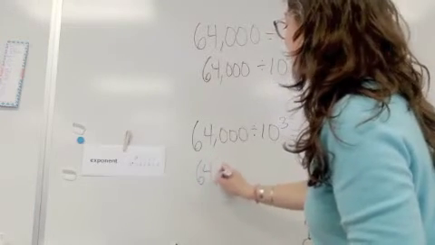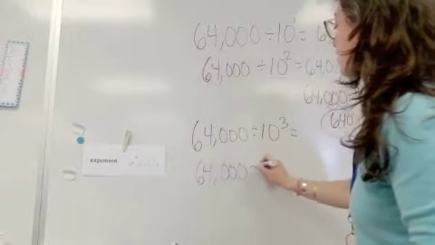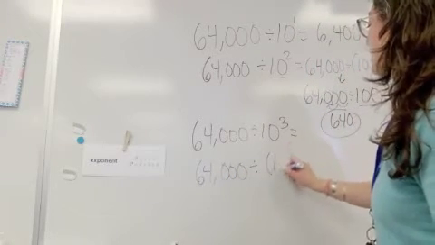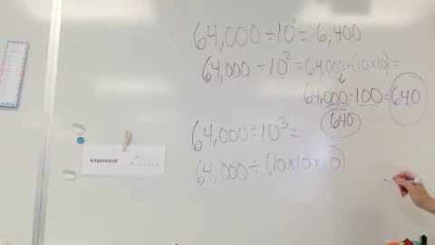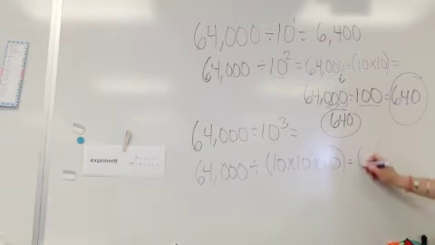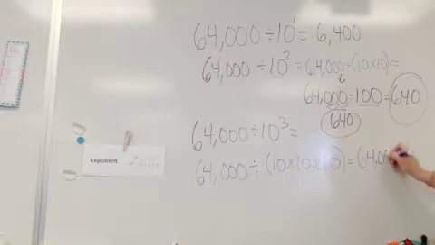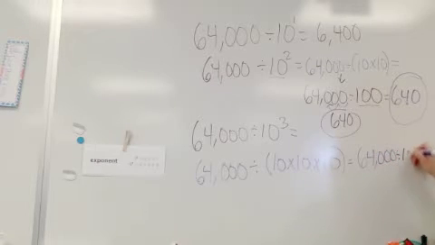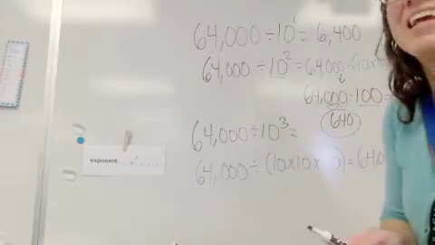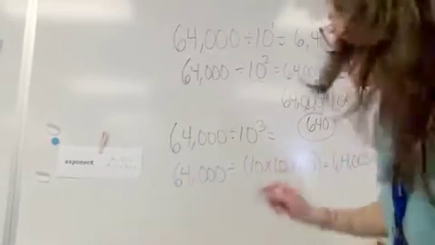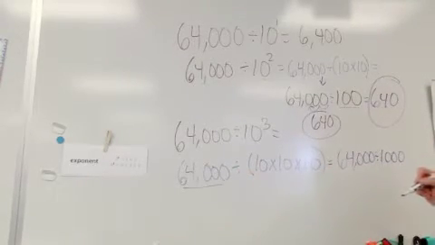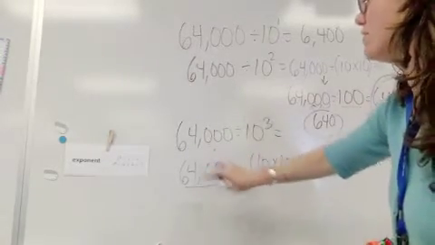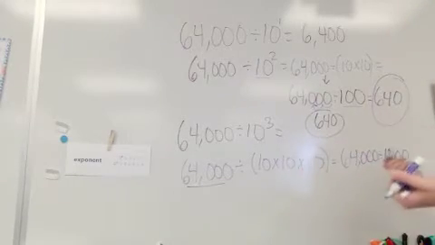We know this is saying the same thing as 64,000 divided by 10 times 10 times 10, which is also known as 64,000 divided by 1,000. All right, so we're getting 1,000 times smaller than the original number, right? 1,000 times smaller because it's being broken up or divided by 1,000.